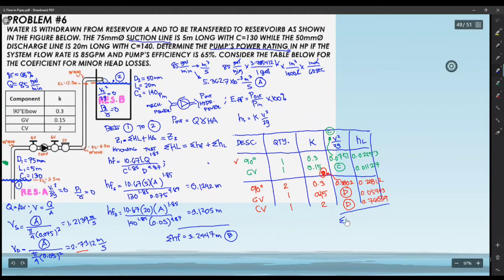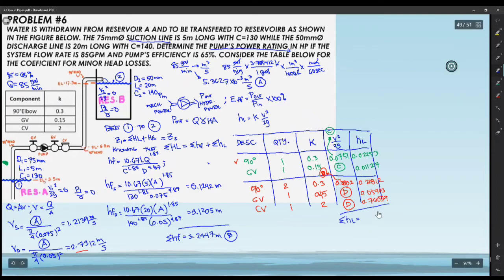Ayan. And then last, since nakuha na nga natin yung mga head losses sa bawat isa, so kunin natin yung summation nila o yung total. Kasi yun naman talaga yung kailangan natin. So, 0.02253 plus 0.01127 plus 0.22812 and then plus 0.05703 then plus 0.76039.